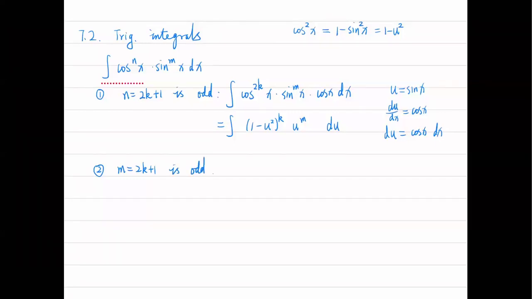What should we do in this case? Okay, I will give you a few minutes to figure this out. Cosine nx sine 2k plus 1. How do you integrate this trig function? Any clue?